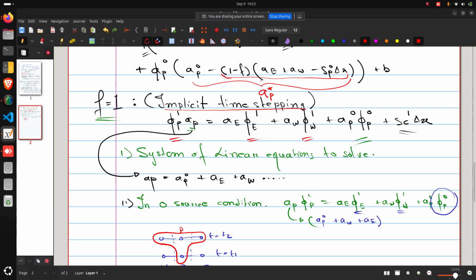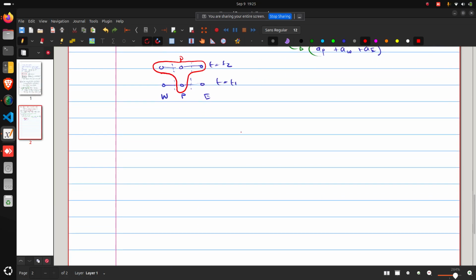Why is that? I think sir has also explained it. For example, if you have some phi p which is related to phi p naught, and it has some negative coefficient. So if phi p naught is a very high value, in the next time step the phi p will be very low, right?